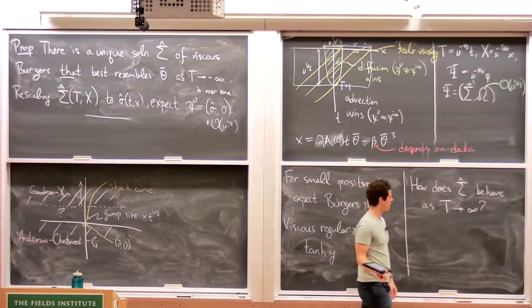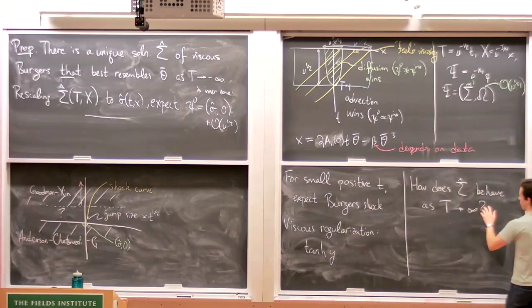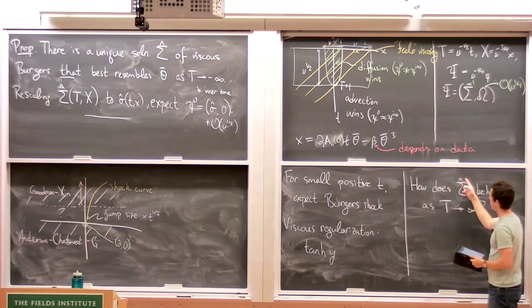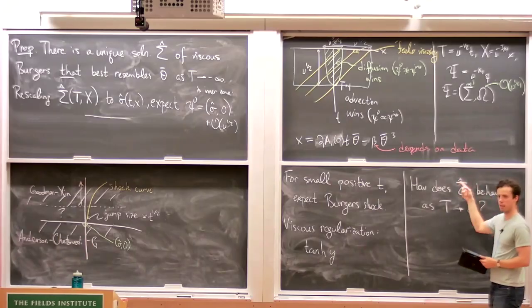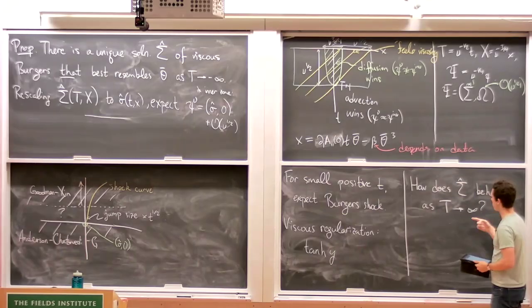And this is where it really helps to have the Cole-Hopf transformation. It is at this point that we make use of it. There's an explicit representation formula for sigma in terms of certain integrals, and you can work out the behavior of sigma when you take this asymptotic limit.